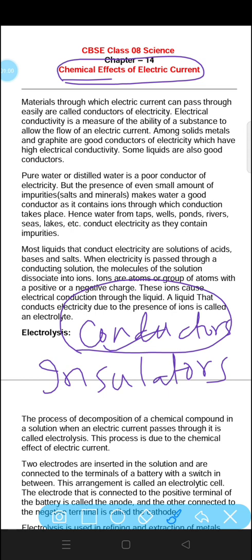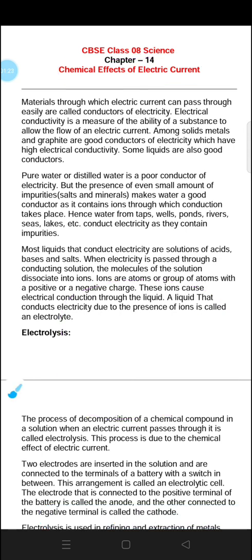Most of the metals are good conductors of heat and electricity both. And if we talk about insulators, insulators are those materials which do not allow the electricity to pass through them. They are called insulators. They are bad conductors of heat as well as electricity. Now let's start the chapter.